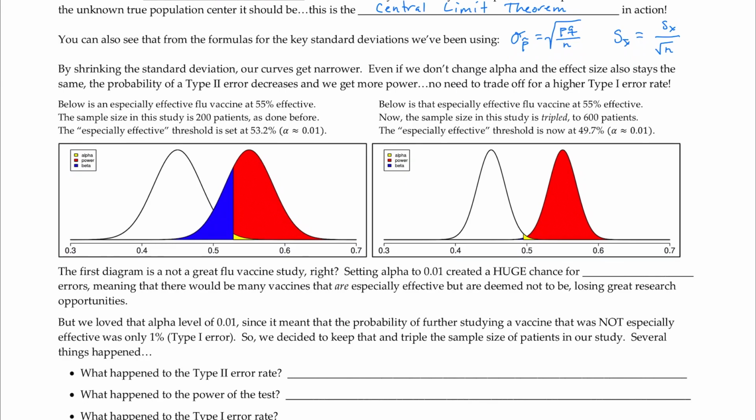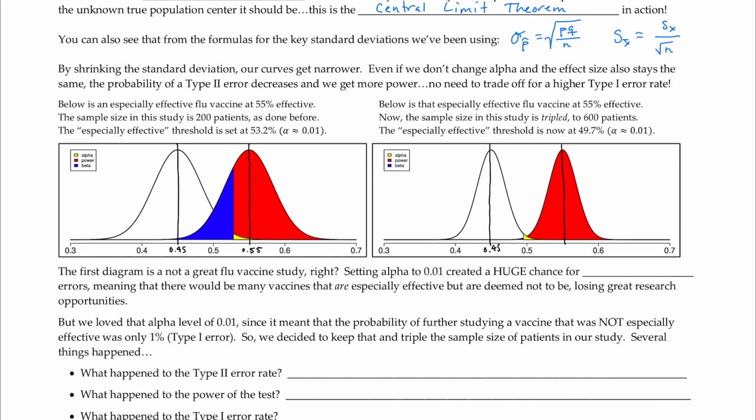So first, before we begin, let's take note of what our different curves are. On the left here, we have a null curve centered at 0.45. Same thing on the right, null curve centered at 0.45. Then this other curve is our true curve, the true center, which we're going to say is at 55%.